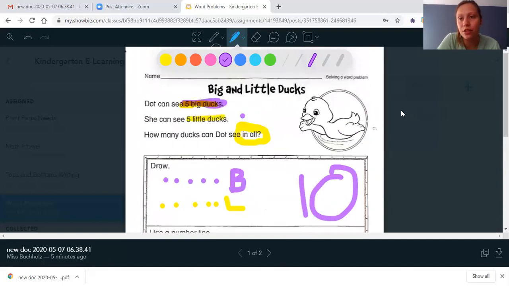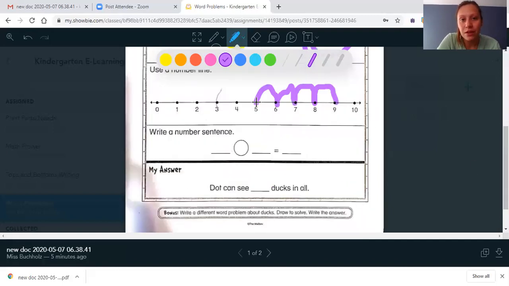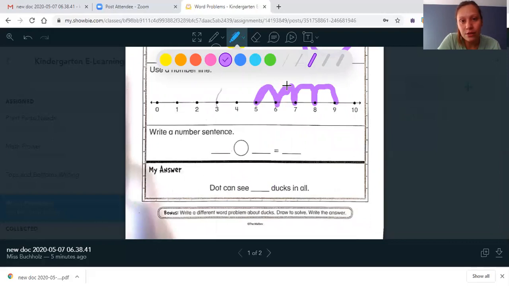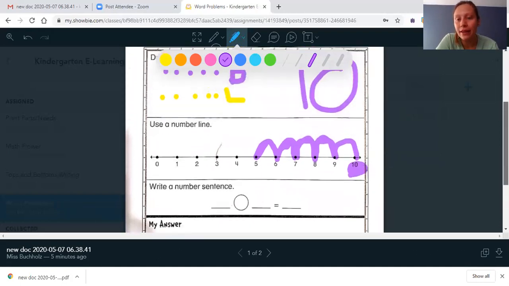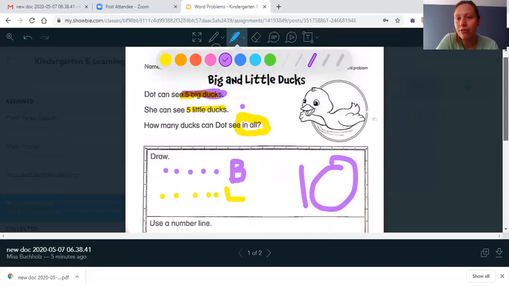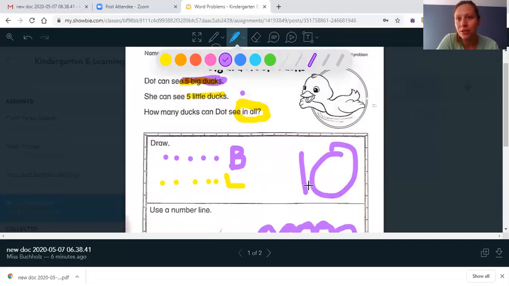Yeah, I have to make 5. So let's start that over. 1, 2, 3, 4, 5. What number did I end on? Good, 10. So how many ducks do I have? Is that the same as when I drew my picture?